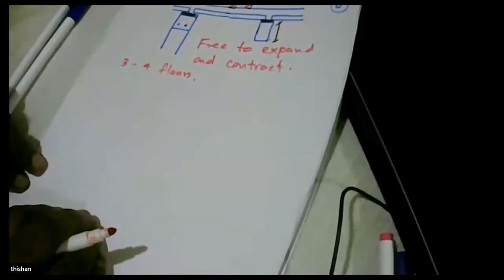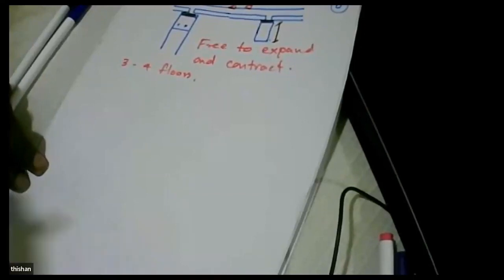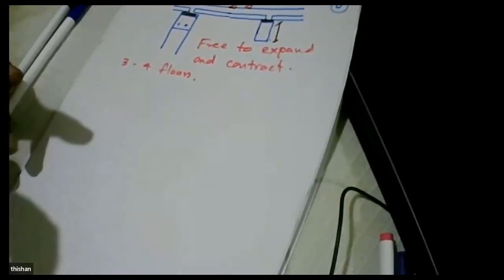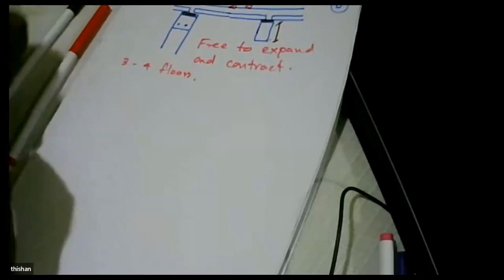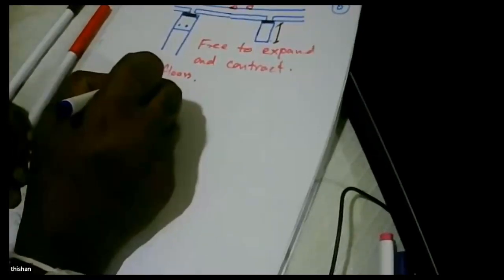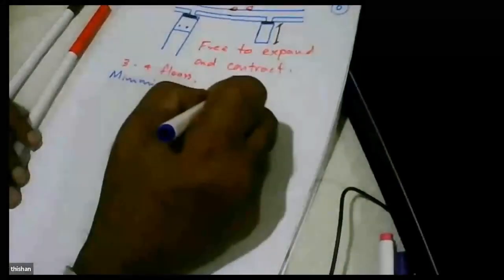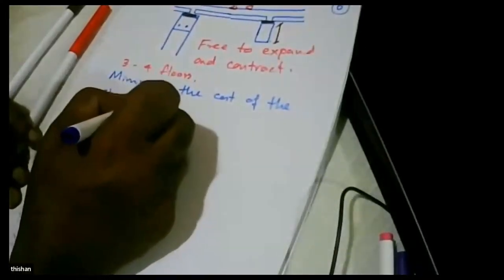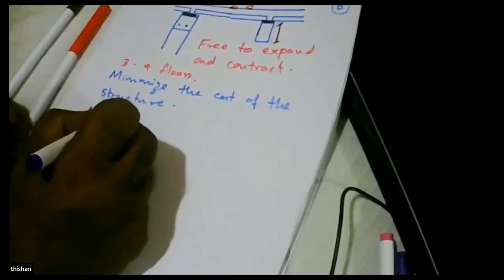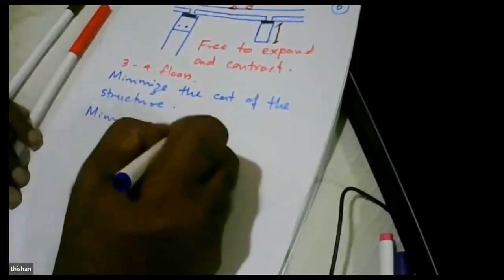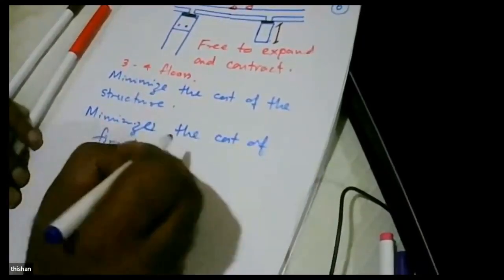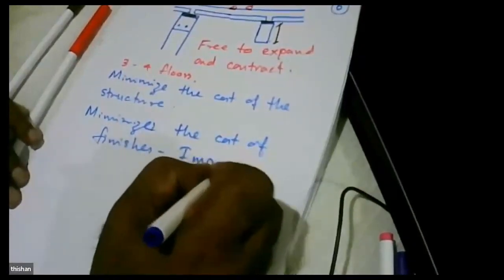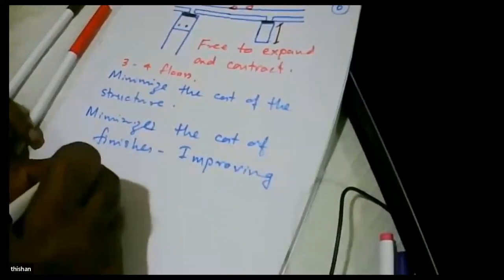So these are the various aspects that we have to consider when doing this type of construction, where our aim is to minimize the cost of the structure, minimize the cost of finishes by improving the quality of block work, improving the quality of masonry.